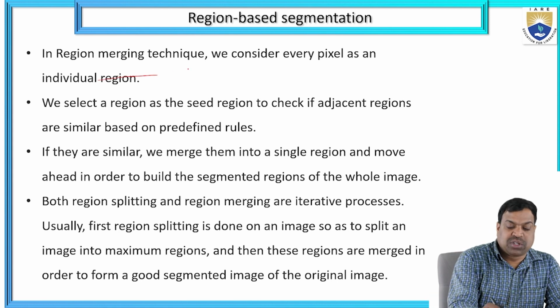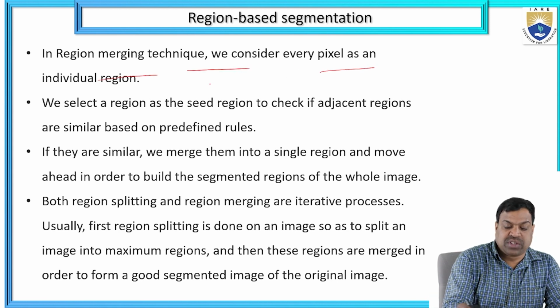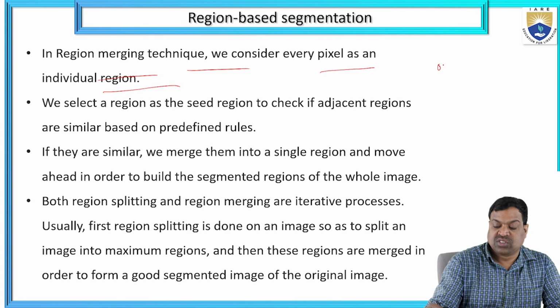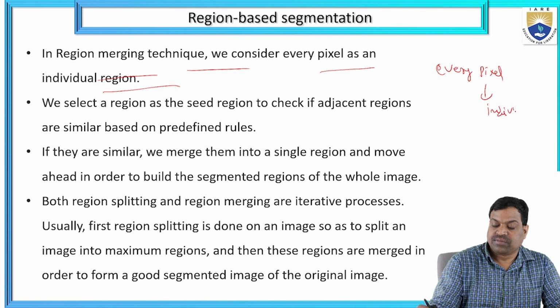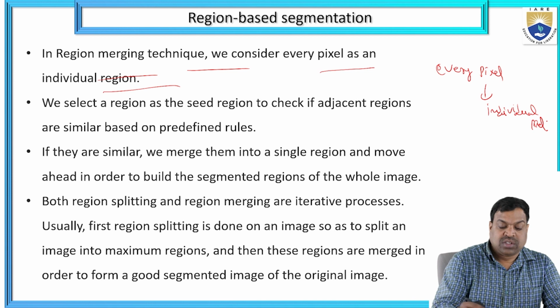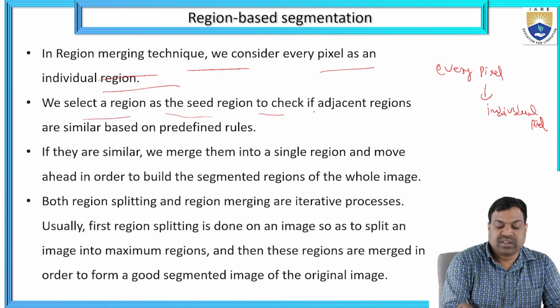So in region merging, we consider every pixel as an individual region. So I'm taking every pixel as an individual region. It checks whether adjacent regions are similar based on predefined rules.